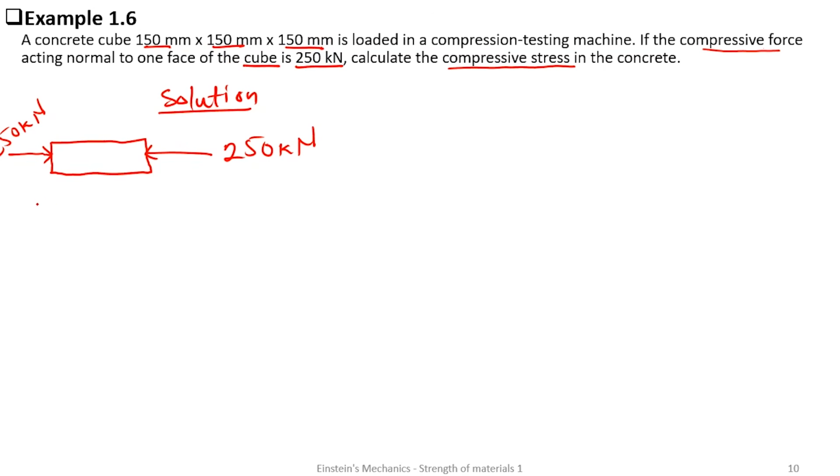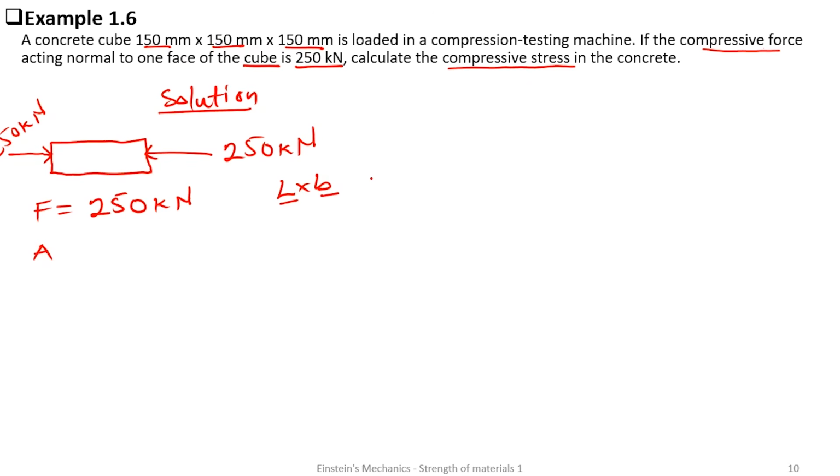Let's list our parameters. We have a force of 250 kilonewtons. But here, the area, we know that area is two-dimensional, a length by a breadth. So for a cube, we can take any two of them and multiply, which is the length times the width. Remember, you are not going to multiply the three of them.